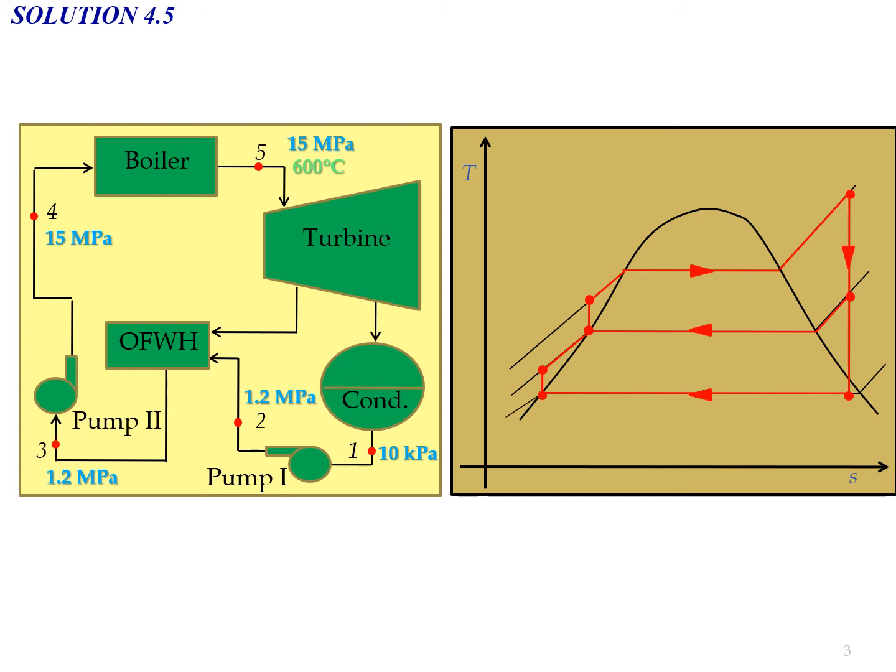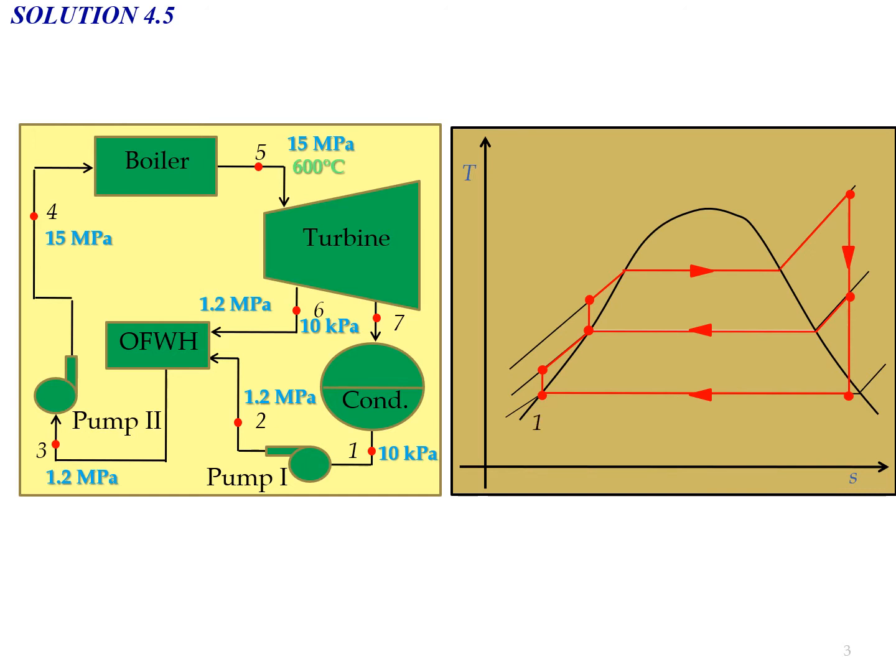The inlet temperature of the turbine is 600 degrees Celsius and the bleeding pressure is 1.2 megapascal. And we know that the outlet at state 7 is 10 kPa. This is all the information given based on the question.